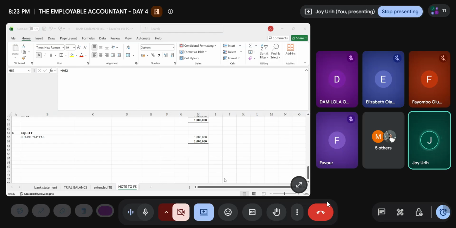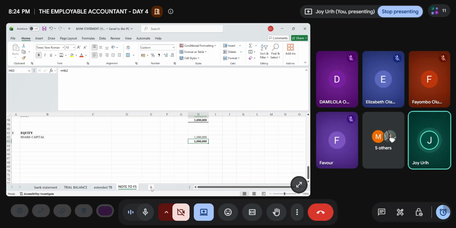The next thing we are going to do now is prepare the three major statements, which are the statement of profit or loss, statement of financial position, and the statement of cash flow. Each of them depends on the other.